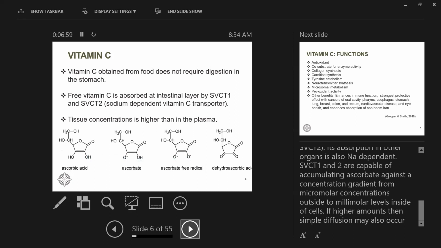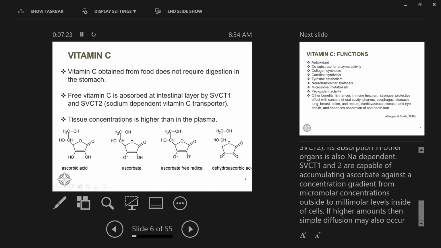So I've just added this picture to show how ascorbic acid is different and what are its different forms in the body. So you can see this is the ascorbic acid where it has its hydroxyl group attached here. Okay. Then ascorbate is when it loses one of its hydrogen.